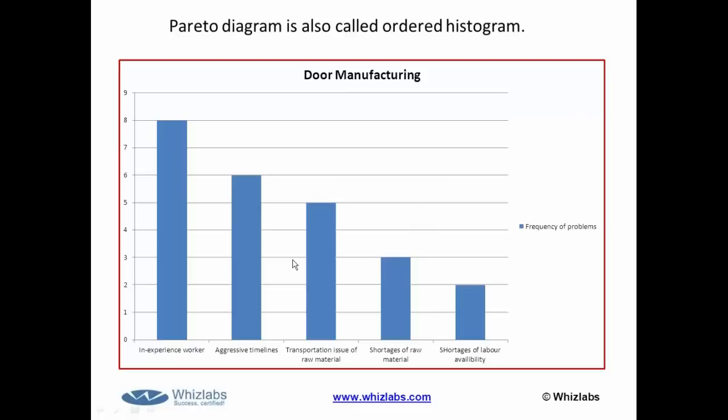If you work on inexperienced workers and aggressive timelines, these two areas, that means 80% of the project problems have been handled. So this is the use of the Pareto diagram in your project, understanding which 20% of the causes are leading to 80% of the problems. That's called the Pareto diagram.